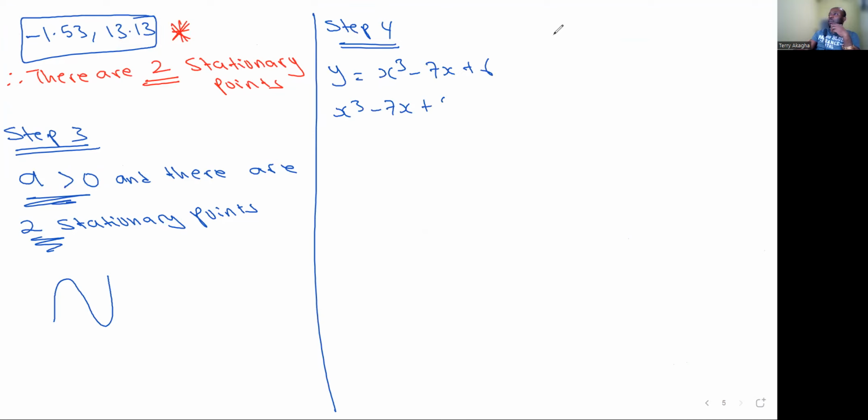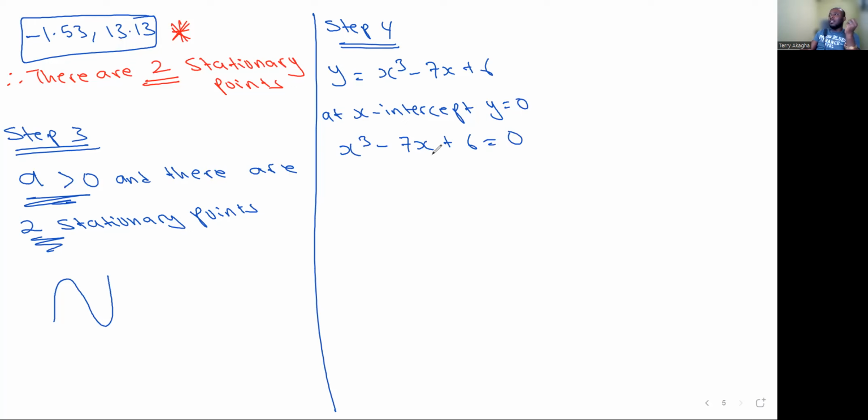So at x-intercept, y is equal to 0, right? So that means we'll have x cubed minus 7x plus 6 is equal to 0.